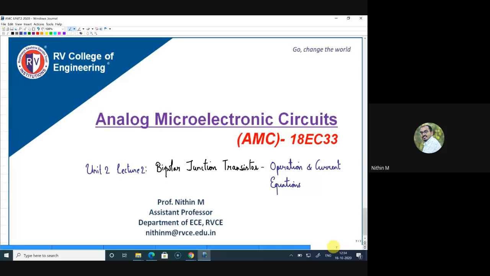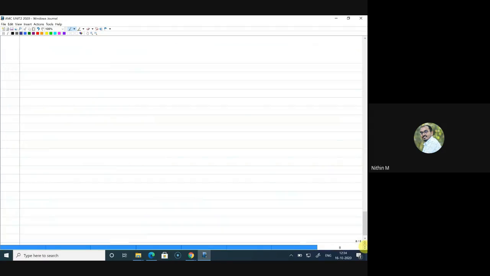MOSFET and BJT are key elements which play a very crucial role in such circuits. So with that intro, we will go to the operation of the bipolar junction transistor.